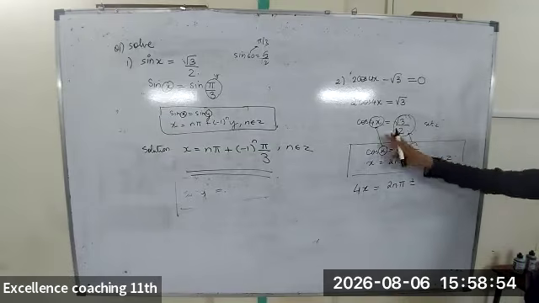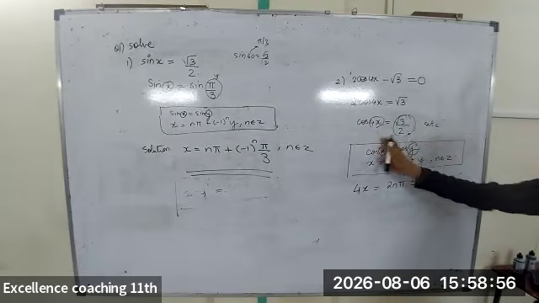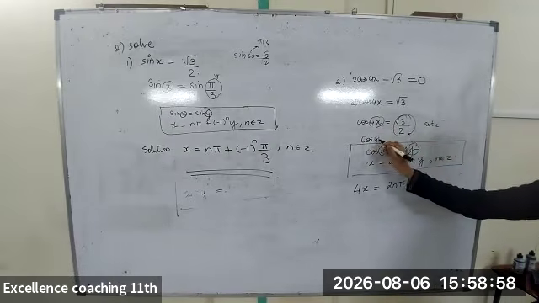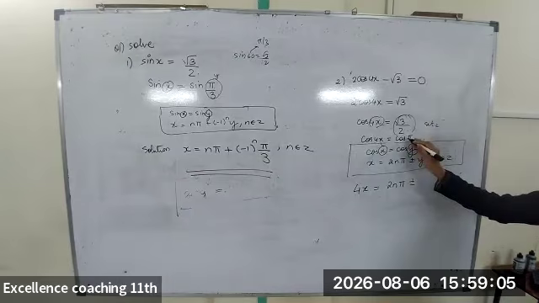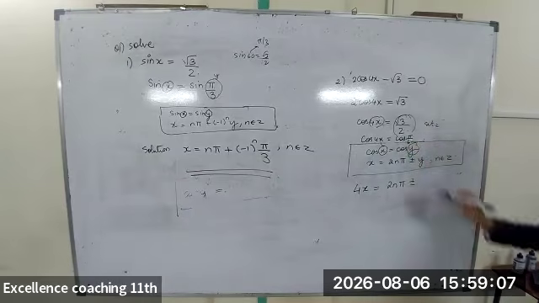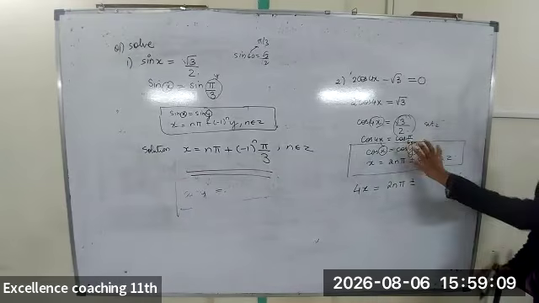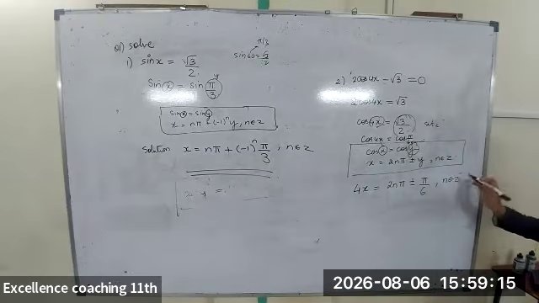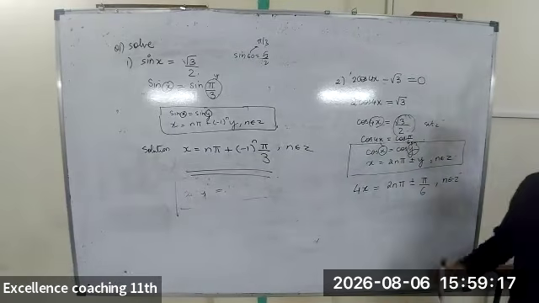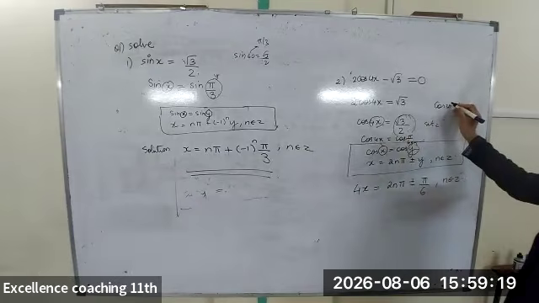Sorry, wait. I did not write in the book. cos 4x. cos of which angle? 5 pi by 6. Right. Plus or minus, both you have to write it, because cos 30 is root 3 by 2.